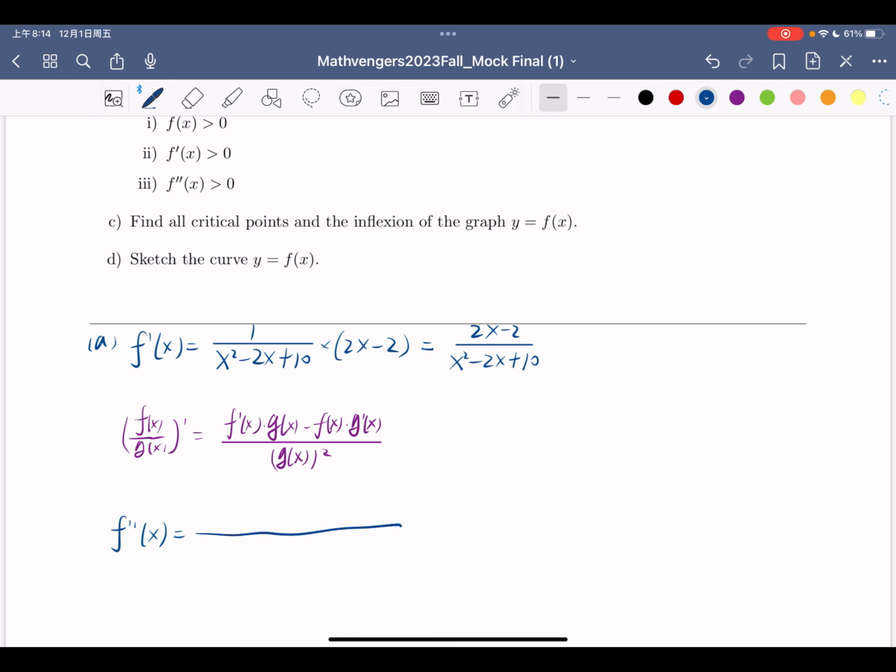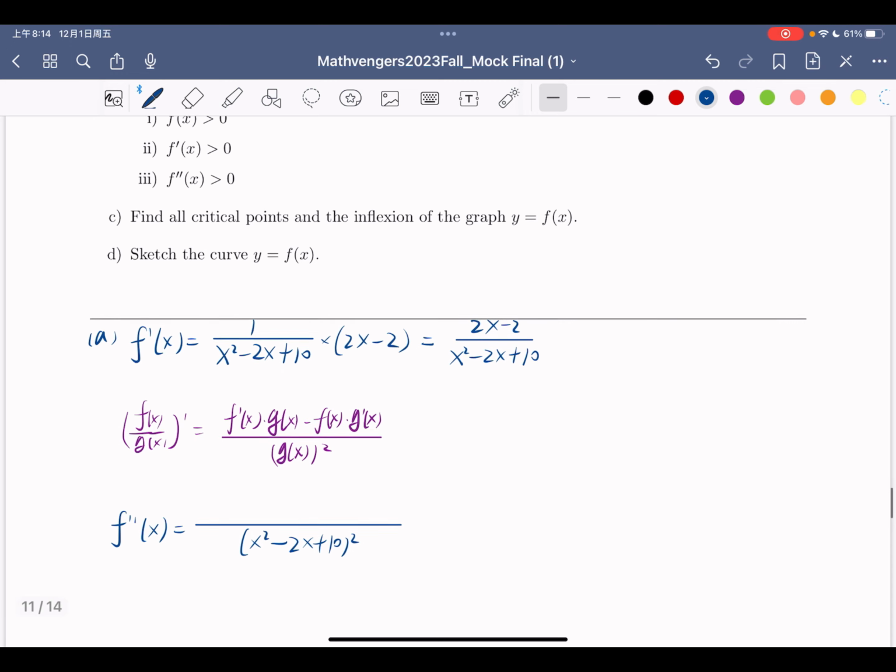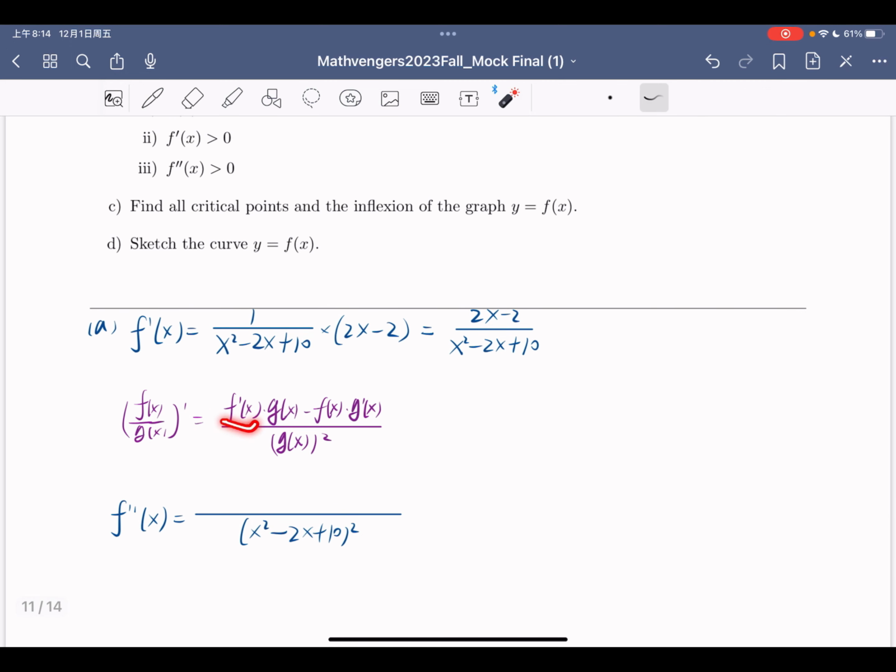So we can use this formula and figure out the second derivative. The denominator is the square of x squared minus 2x plus 10. For the numerator, we first differentiate f, the function above. So this is 2 multiply g(x), which is x squared minus 2x plus 10, minus. Remember this is minus. It's very easy to make mistakes because this sign is different from our product rule, where it is plus, and for the quotient rule it is minus.